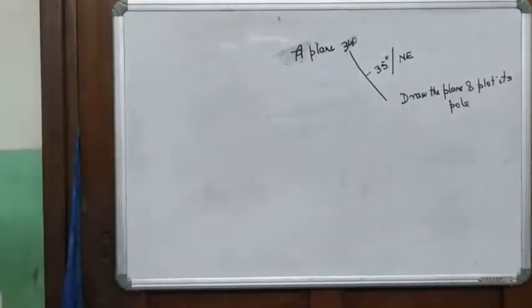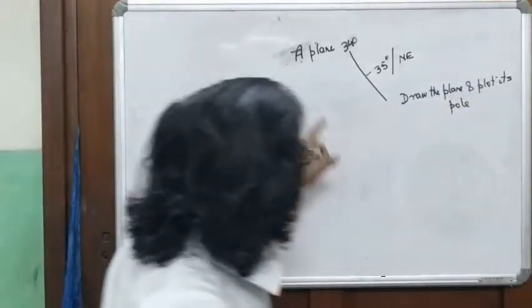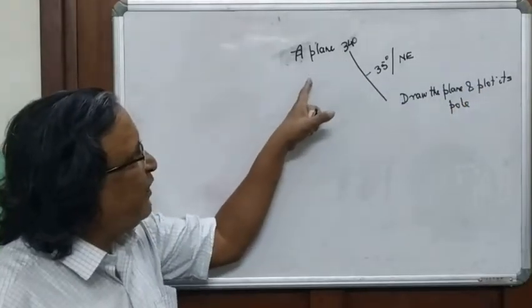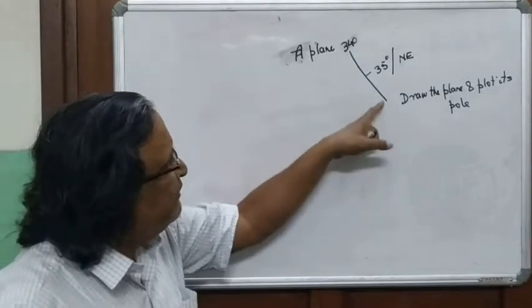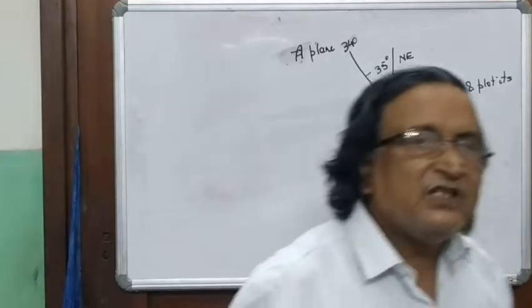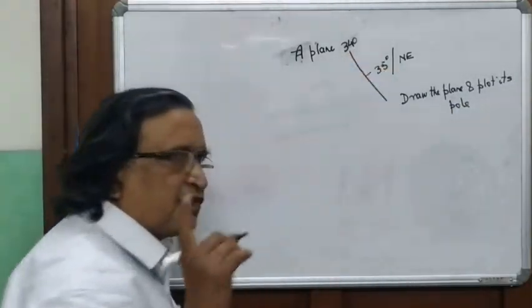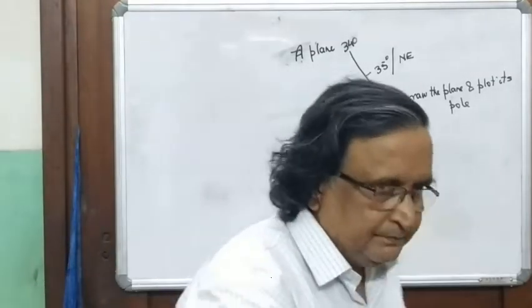Now, simple question. A plane has the following attitude: 340, 35 degree towards northeast. What does this mean? Remember, the strike is perpendicular to the dip.